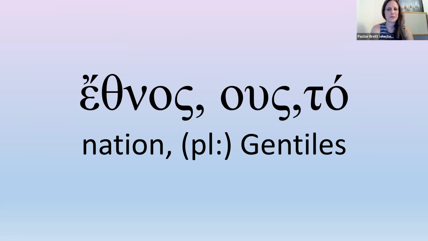There wasn't an ancient construction of race as in skin color in that way, but there are other words in Greek that get translated like race or nation or people. And so there are other words.